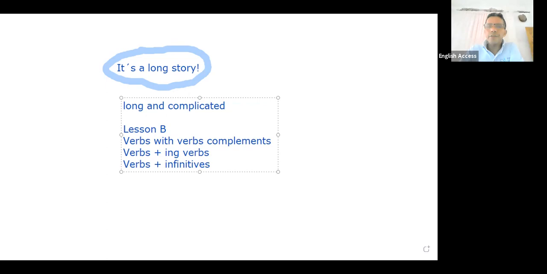As I said before, it's very important you pay attention to this because that's what we use in every conversation when we use two verbs together.